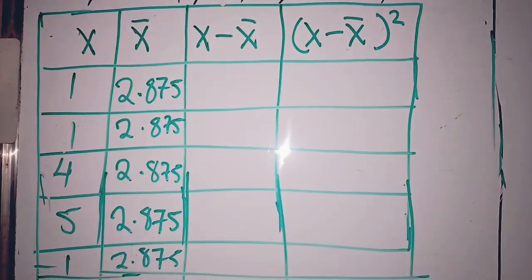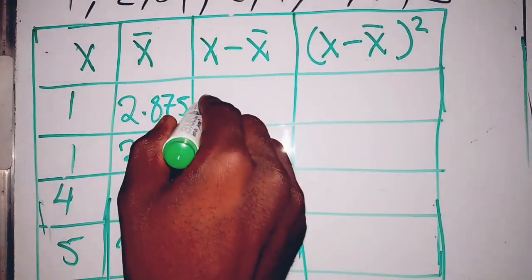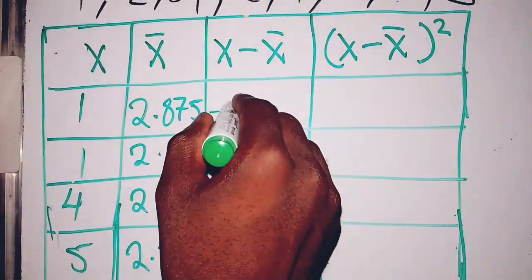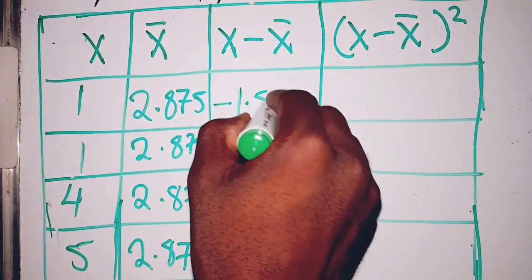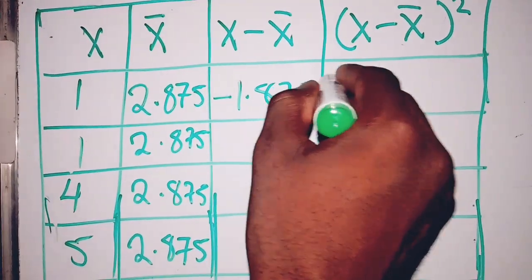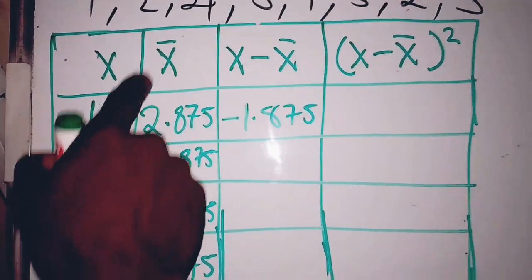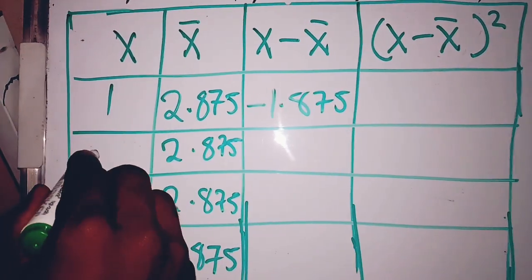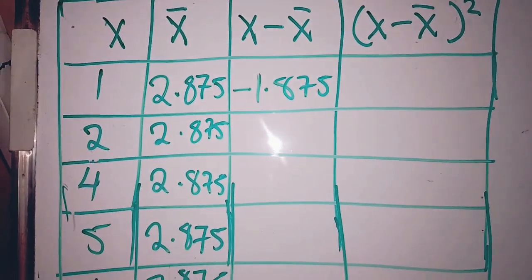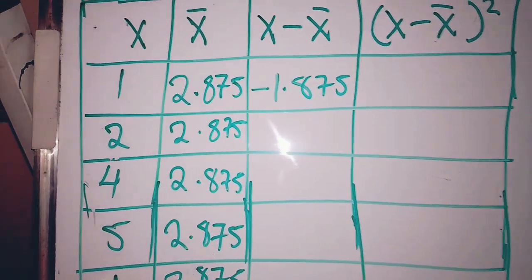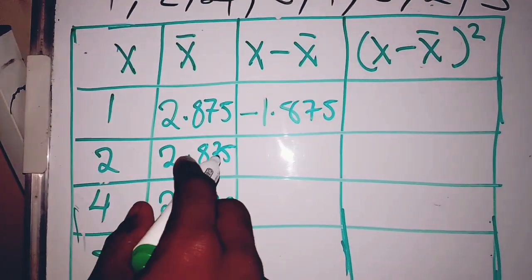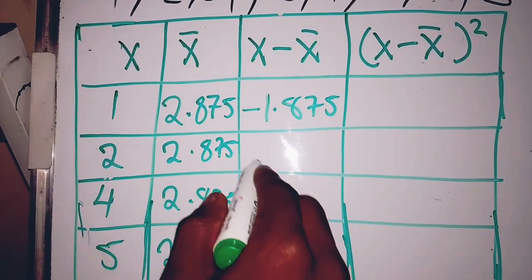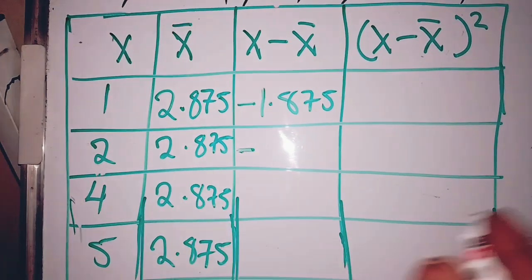Negative 1.875. Oh sorry, this is 2. So you're supposed to put 2, and then 2 minus 2.875, it will give me negative.